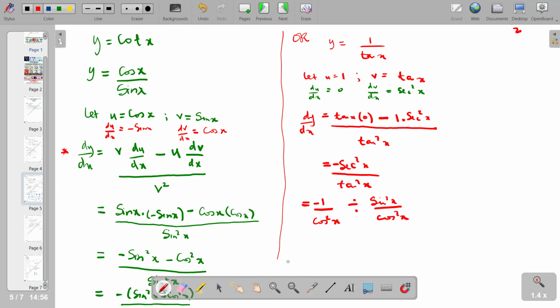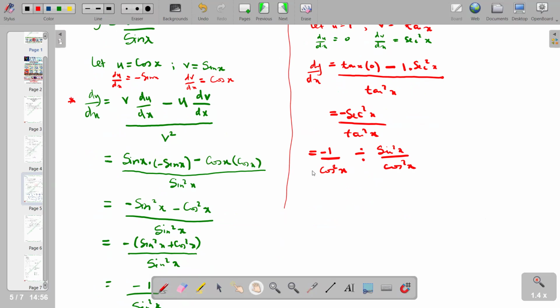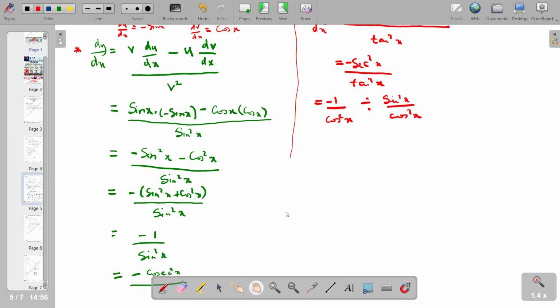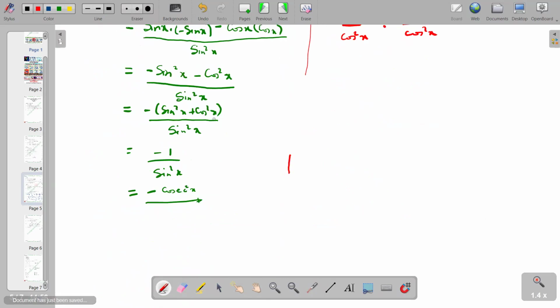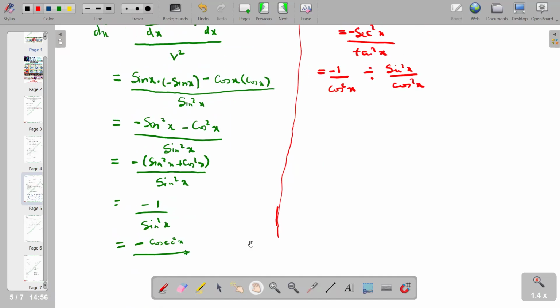If we simplify this further, it will be equal to a negative 1 over cos squared x.